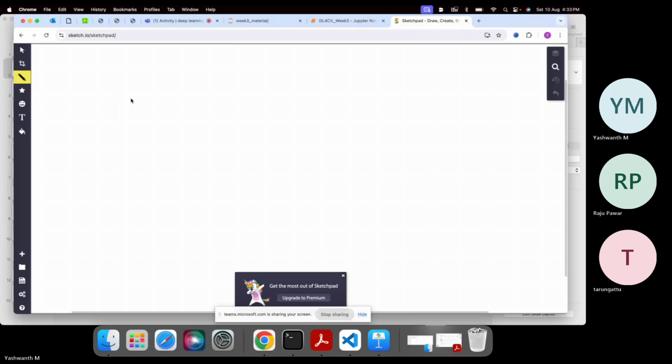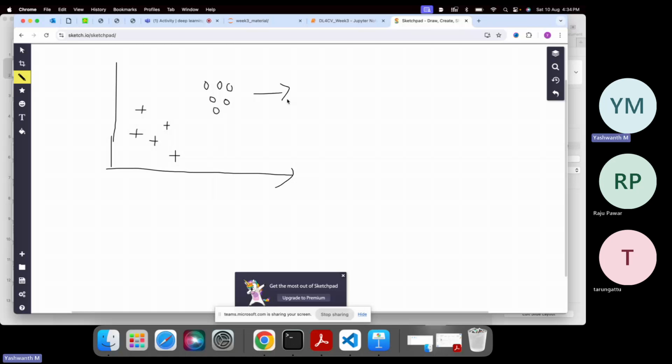Can you see this screen? Yes, sir. So perceptron is a linear classifier. Basically, it's a classification algorithm. I'll put crosses and O's to denote class zero and class one.